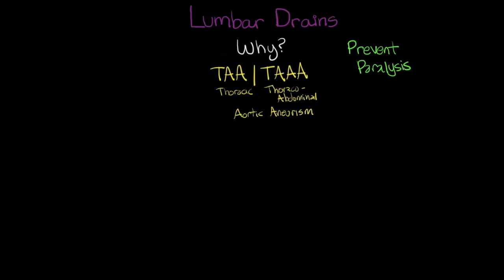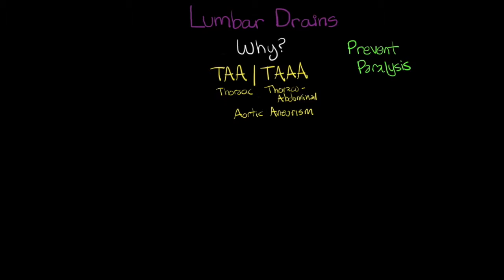So ultimately our goal with the lumbar drain is to prevent paralysis or neurological complication, and the way that it does this is it reduces the pressure within the spinal canal. In a little bit here, we're going to go over some of the anatomy and some of the placement information, just to give you a better picture of this process and how this is working. But for right now, just know that the reason that we're doing this is to prevent paralysis in these patients.